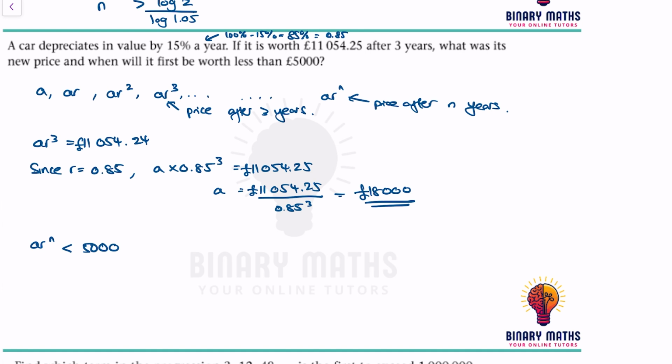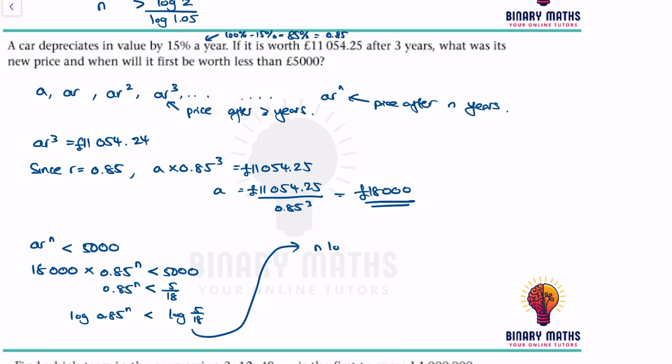So that means A, we worked out already, it's 18,000 times R, which is 0.85 to the power of n. When is it less than 5,000? So first thing we need to do is divide by 18,000 both sides. 5,000 divided by 18,000 is just 5 over 18. Now we need to take logs on both sides. Log of 0.85 to the power of n and log of 5 over 18.